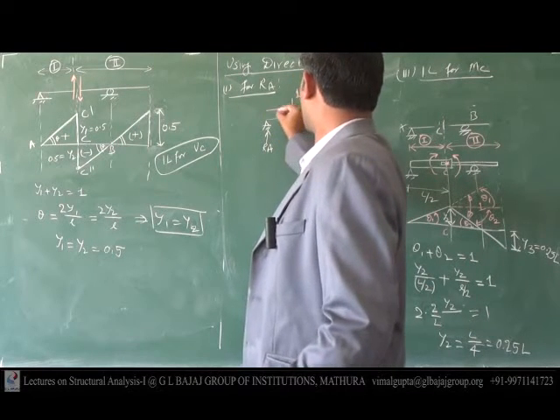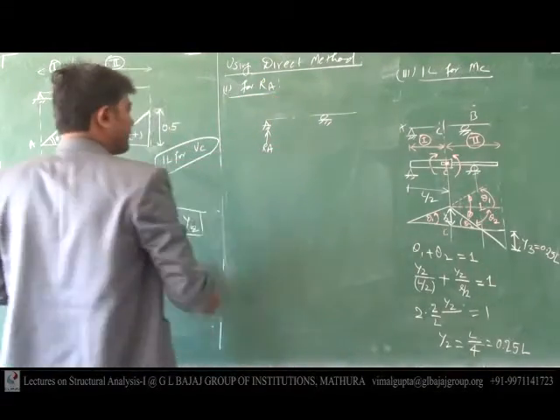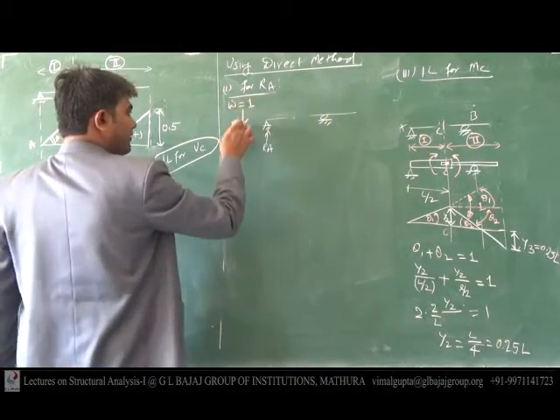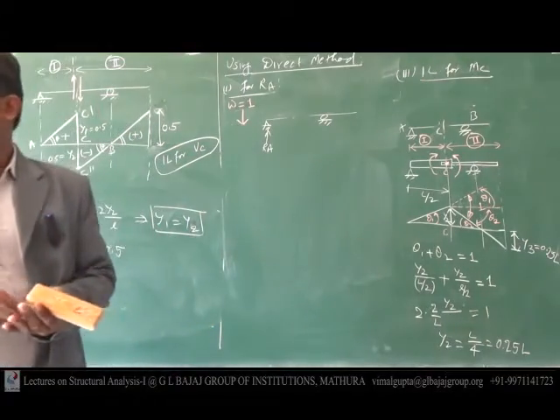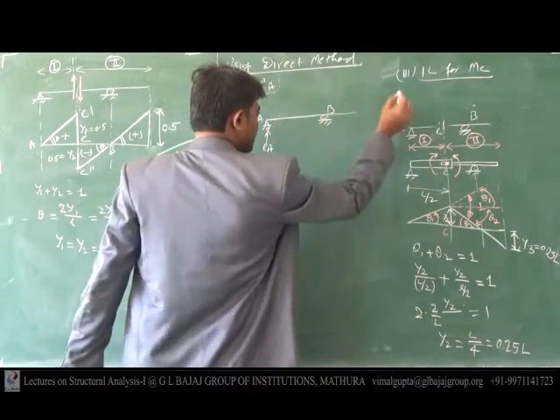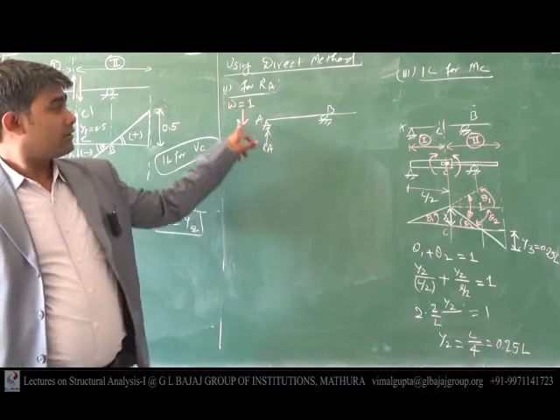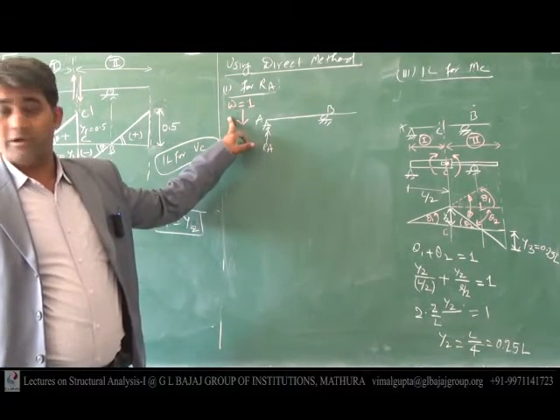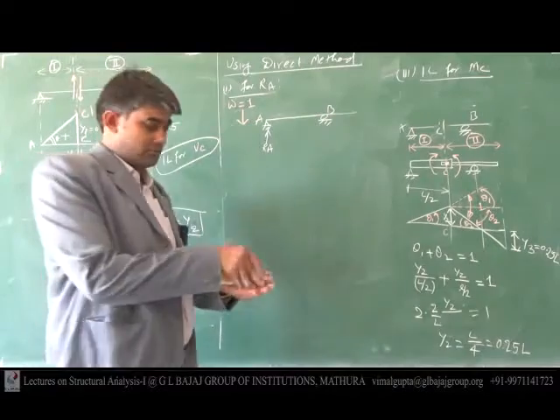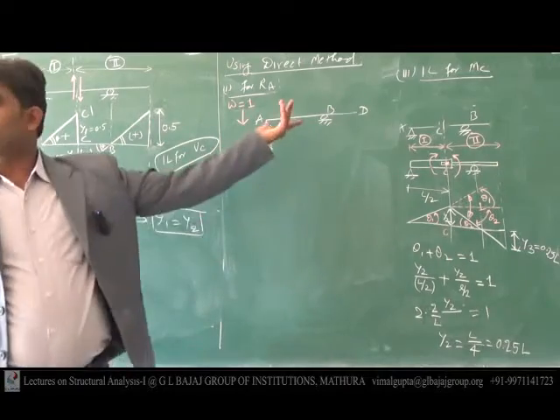You have to basically consider a point load which has the value 1, and you have to calculate this value of RA when this point load is crossing A to B and then B to this point, suppose D. C point was in between, but here there is no need of point C.